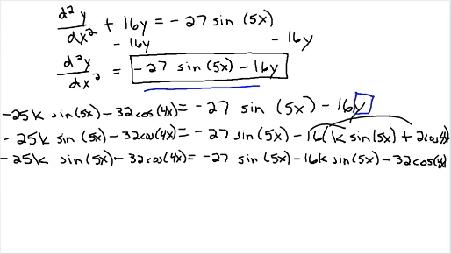Now, this thing looks really painful, but it's really not that bad, and we've got to know what we're looking for. I want to know what k is. That was the whole point of the problem. So look how quickly this thing cleans up now.